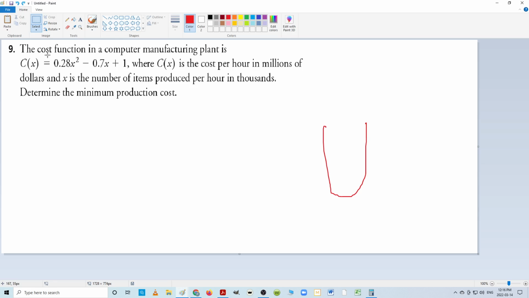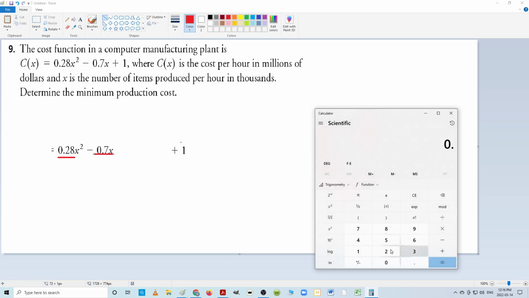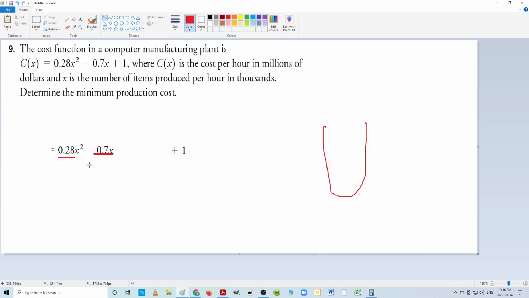So we're going to complete the square. We're going to move the number to the side, and we're going to divide both of these by 0.28. That's how you factor out 0.28. The first one will just disappear, but 0.7 divided by 0.28 will be 2.5. So we're going to get this situation.